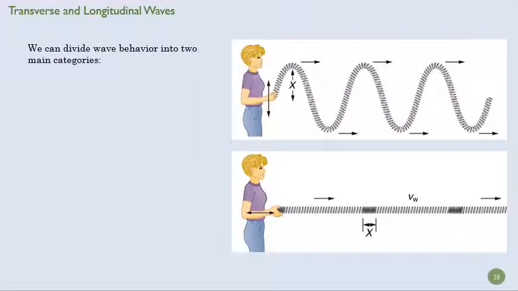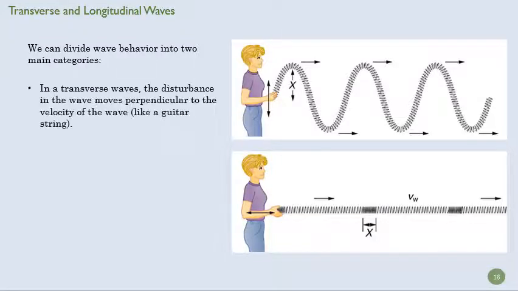When we think about different kinds of waves, there are two main categories of waves. One is called a transverse wave. In a transverse wave, the disturbance or the displacement is perpendicular to the direction of the wave. So here the slinky's moving up and down while the wave is moving from left to right.